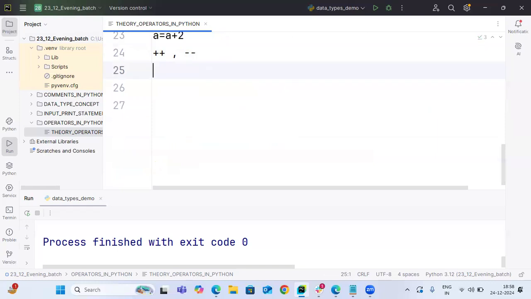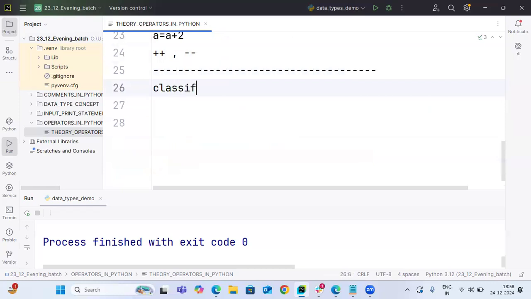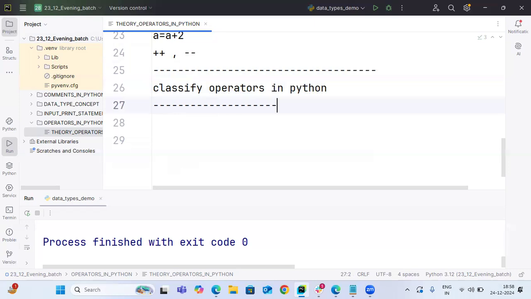So let me classify operators in Python. Quickly, tell me mathematically how many operators you know.